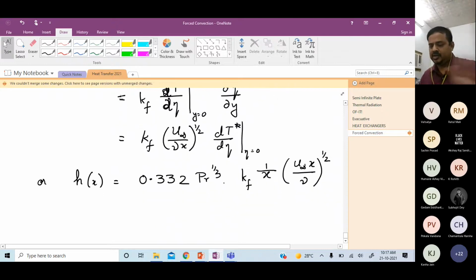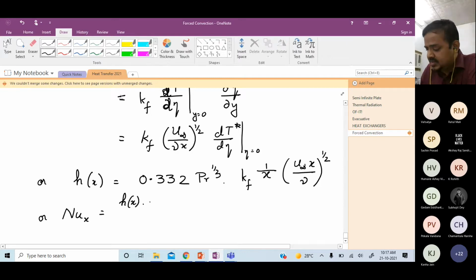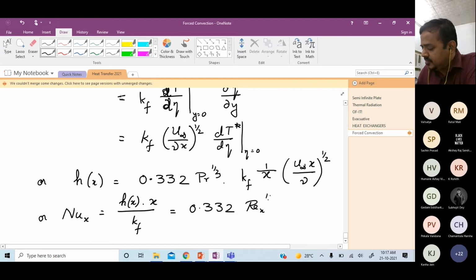So why did I take the x out? You probably have figured that out, because I wanted it to be the Nusselt number. So Nusselt number x, which is hx times x over kf, is therefore 0.332 Reynolds to the power half Prandtl to the power 1/3.